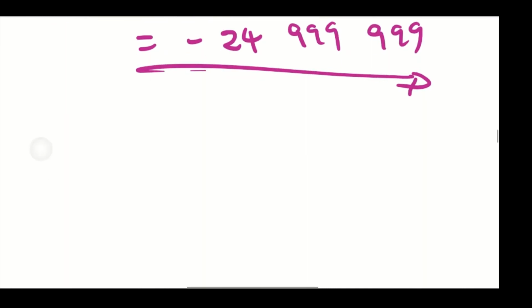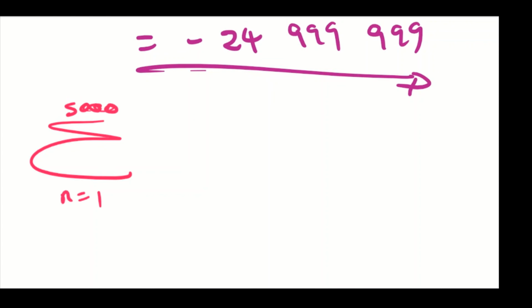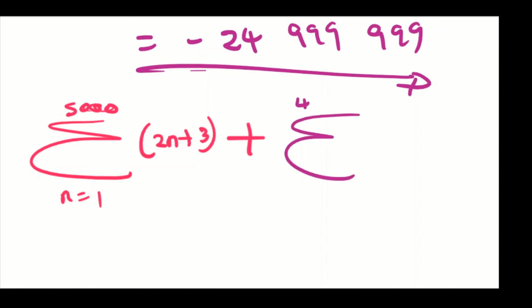So remember that we had an expression and were asked to calculate the sum of 5,000 on top, n equals 1, of 2n plus 3, plus the sum of 4999, n equals 1, of minus 2n minus 1, right?